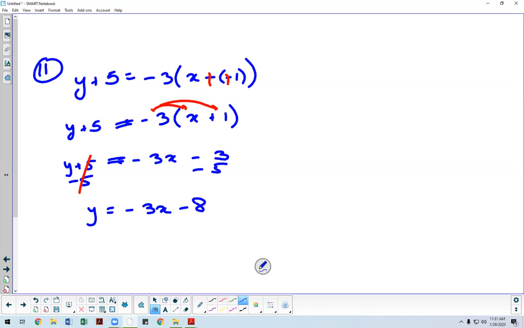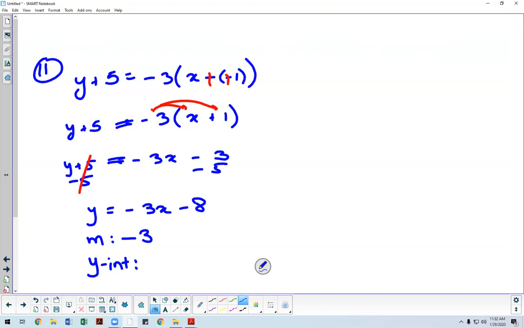So what's our slope? What's our y-intercept? Slope comes from which number? It's always the coefficient on x, right? So since my x has a coefficient of negative 3, my slope will also be negative 3. So the sign goes with the number.